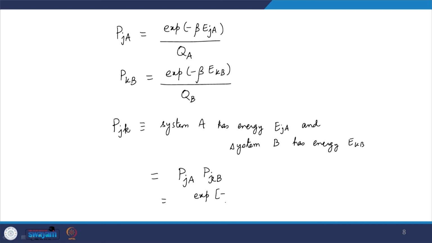That is exponential of minus β (Eja plus Ekb) divided by qA multiplied with qB. So, this completes the derivation of temperature. There is another way to look at the same problem that we will discuss in the next lecture.